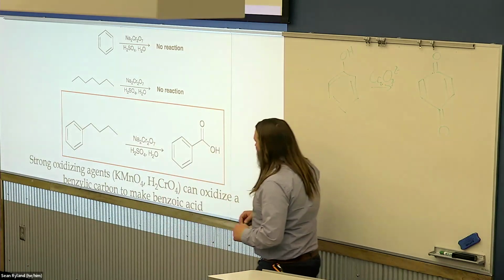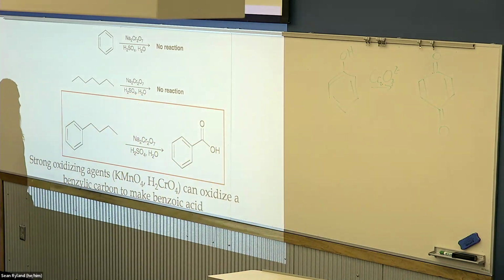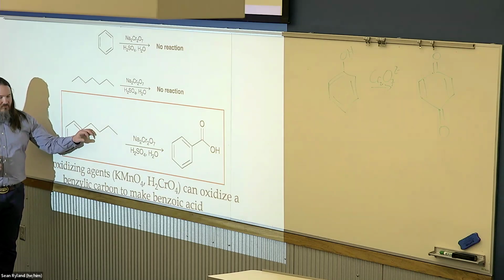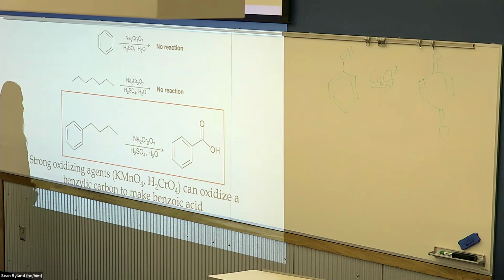Regardless of how big this section is, this is a little bit of a blunt instrument because it's not going to be subtle about how it does this. If you have a benzylic carbon, it turns it into benzoic acid, or a substituted benzoic acid if it's got another substituent.